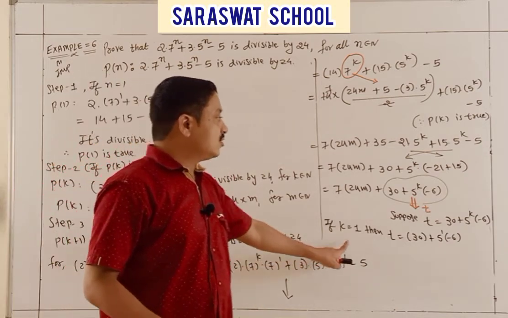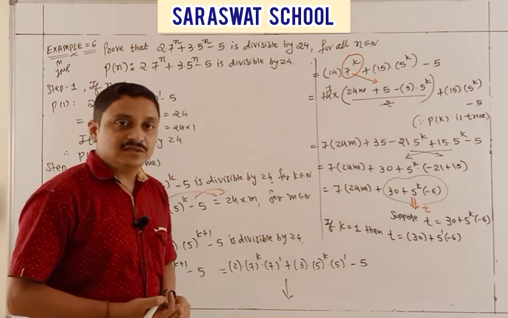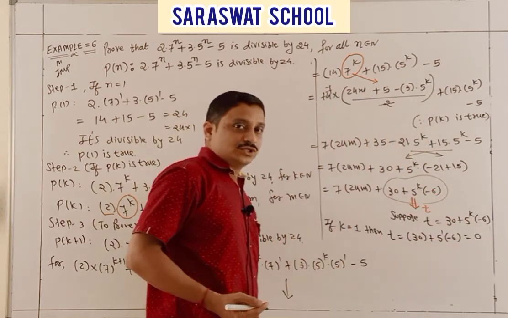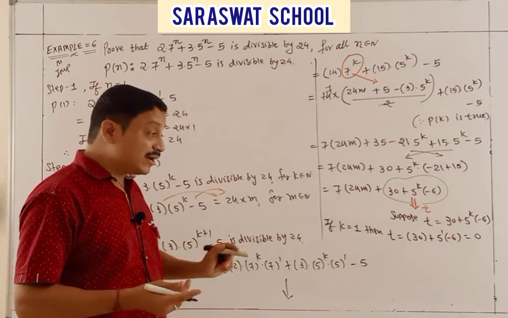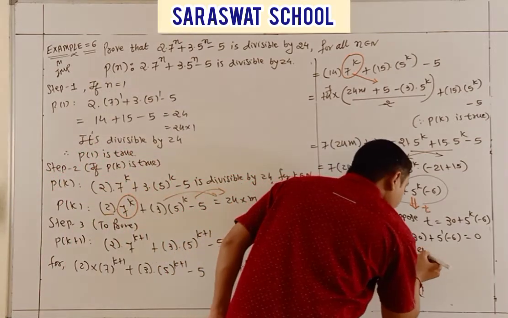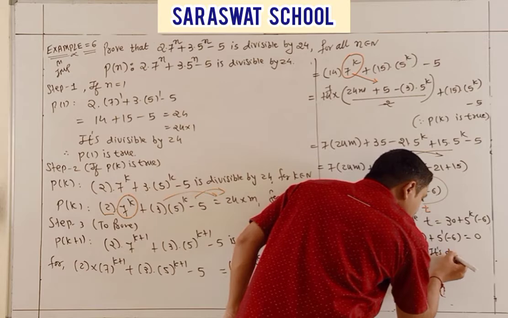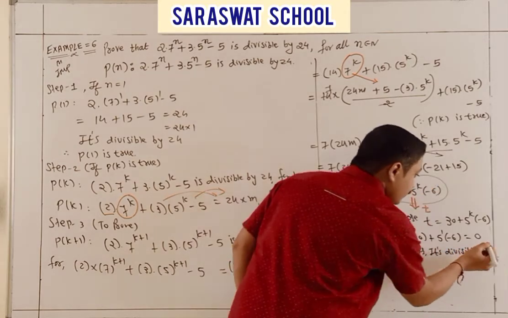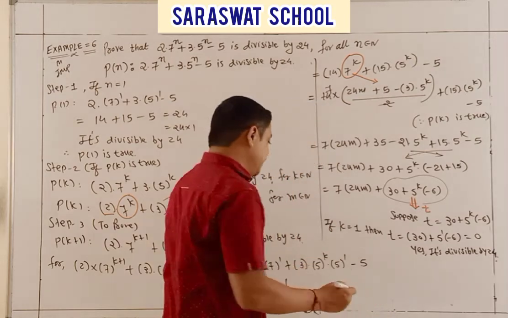Here k value is 1, so 6 5s are 30, and indirectly it is 0. Sure, 0 is divisible by 24? Yes, it is divisible by 24.